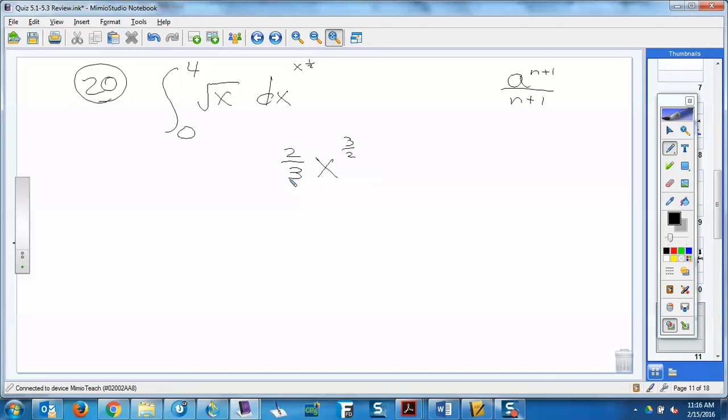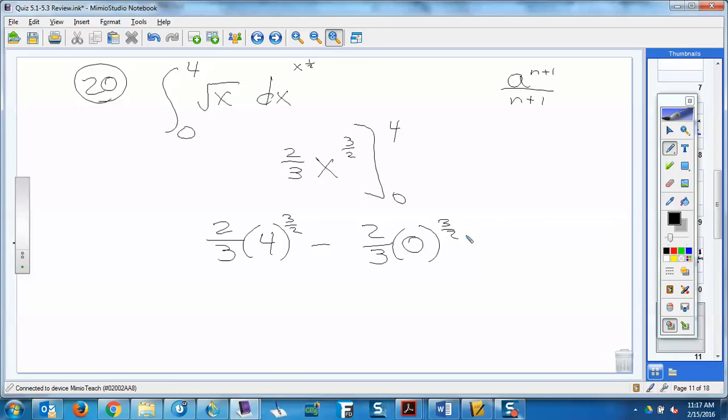So x to the 1/2, you raise it up 1. The x to the 3 halves, you divide by 3 halves, which is the same as multiplying by 2/3. And then we want to do that from 0 to 4. So that'll be 2/3, 4 to the 3 halves, minus 2/3, 0 to the 3 halves.